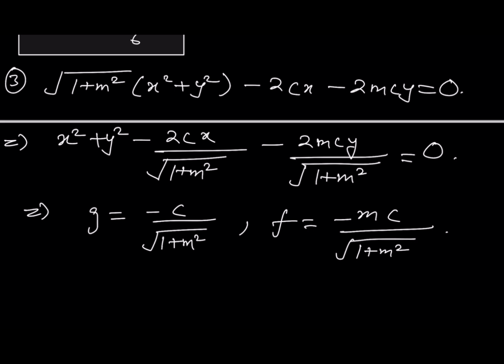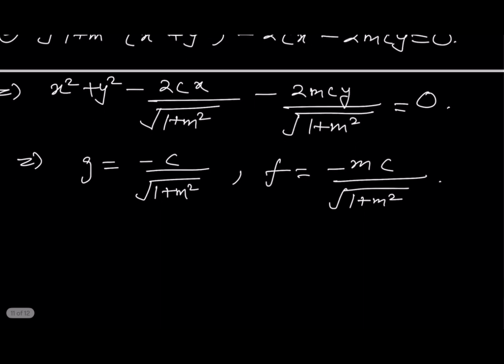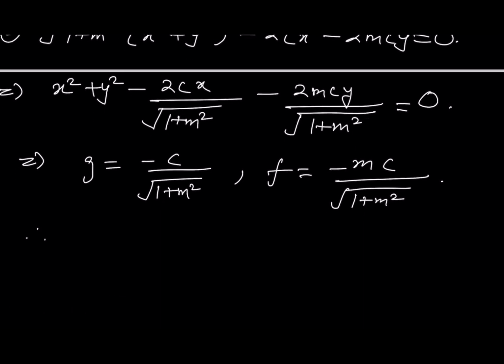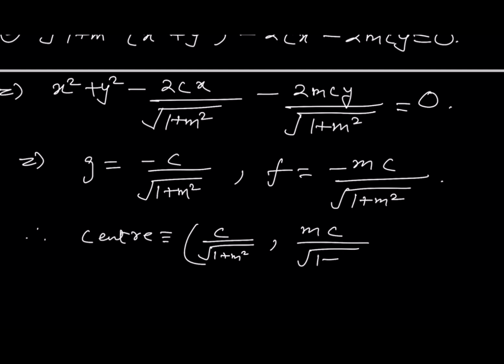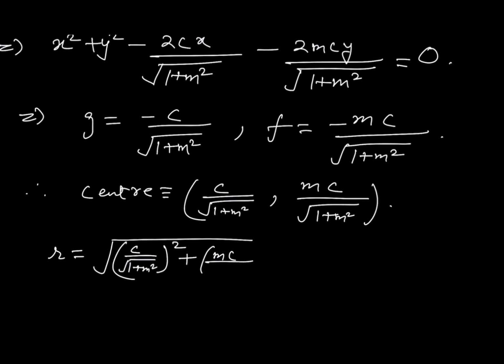Okay. And c is 0, that is constant term is 0, so therefore center is c upon root over 1 plus m square comma mc upon root over 1 plus m square, and radius is root over c upon root over 1 plus m square whole square plus mc upon root over 1 plus m square whole square.